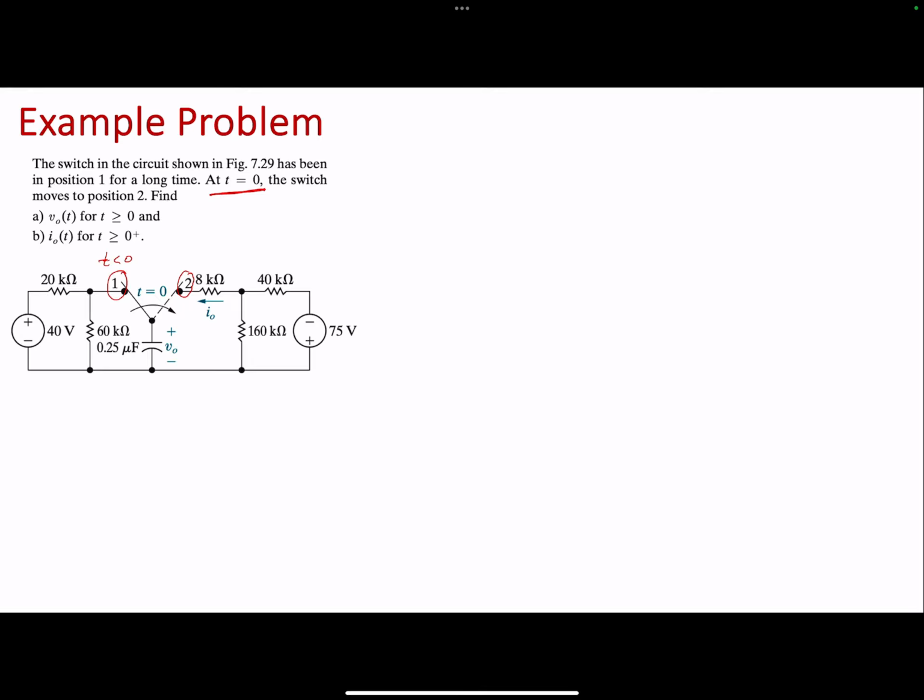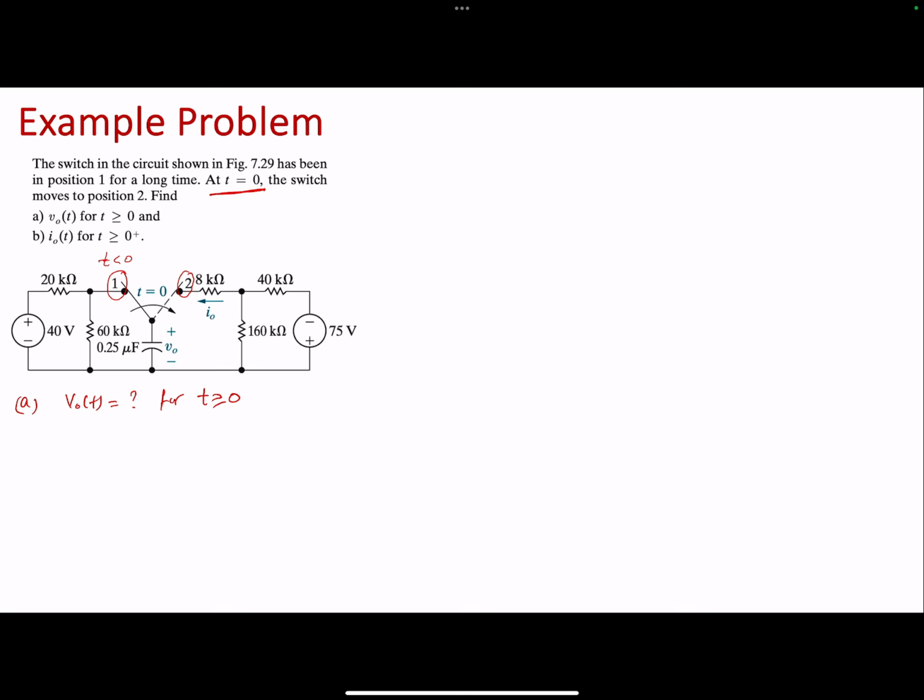So in part A, we have to find the capacitor voltage for t greater than or equal to 0. And we just saw how to find that, right?